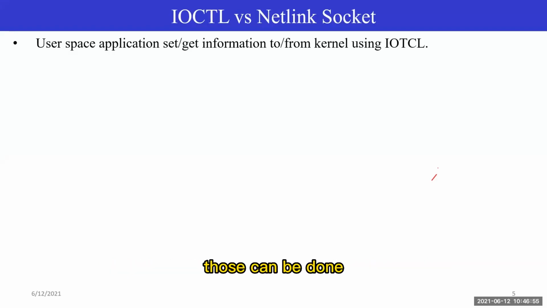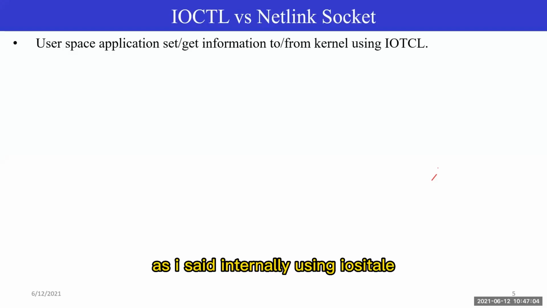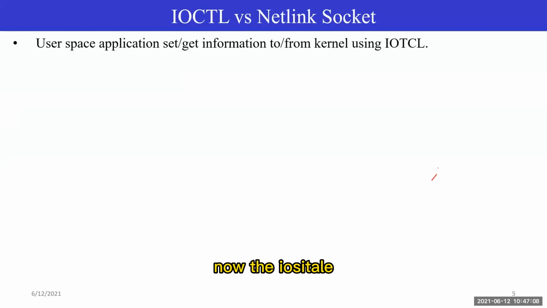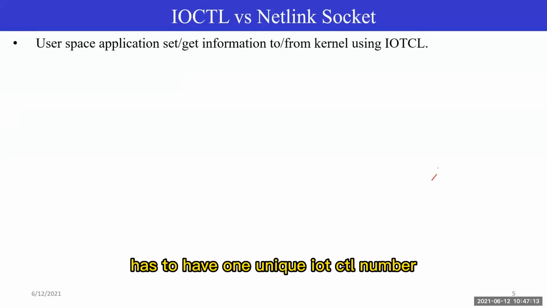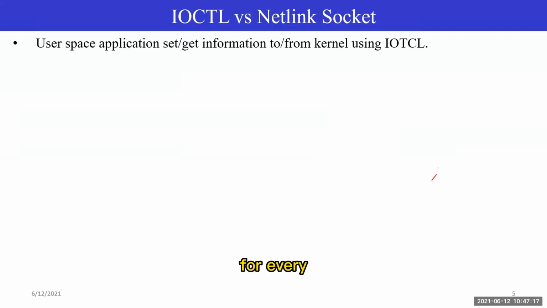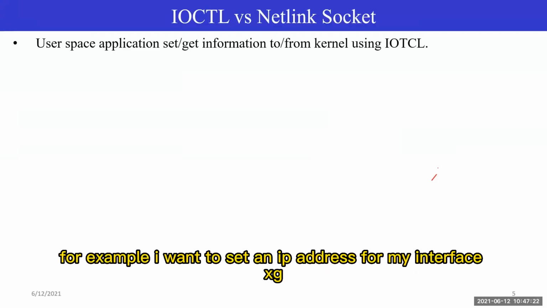Those can be done using the ifconfig command, arp command, route command, which, as I said, internally use IOCTL. Now IOCTL has to have one unique IOCTL number for every single operation. For example, I want to set an IP address for my interface if0.